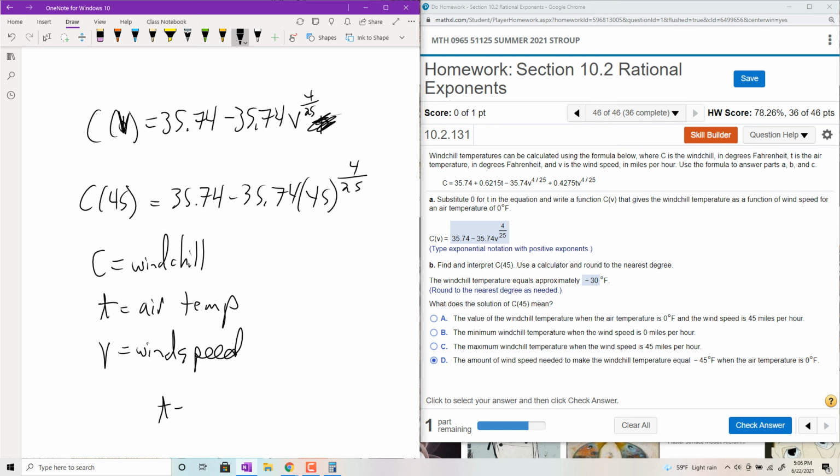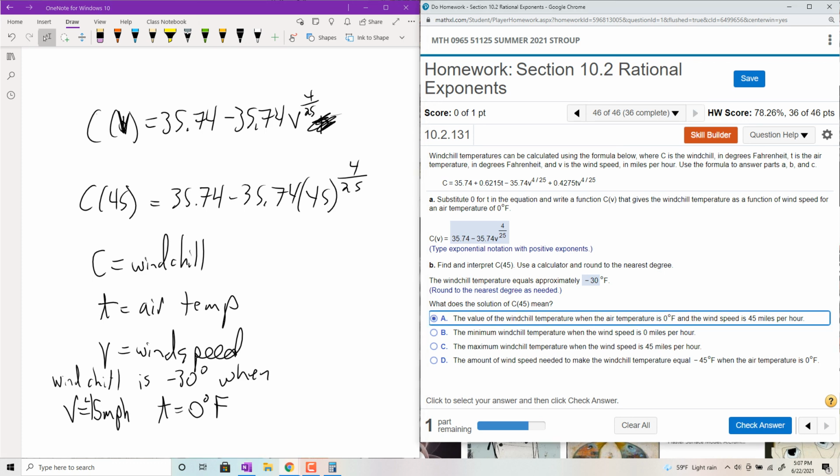So in our case T was 0. Our wind speed is 45, and that means the wind chill is negative 30 degrees when the wind speed is 45 miles per hour and the air temperature is 0 degrees Fahrenheit. Okay. So what is C of 45? C of 45 is the value of the wind chill when the air temperature is 0 and the wind speed is 45.